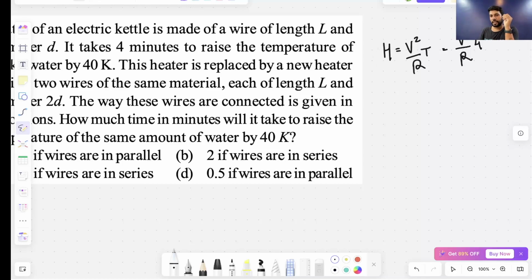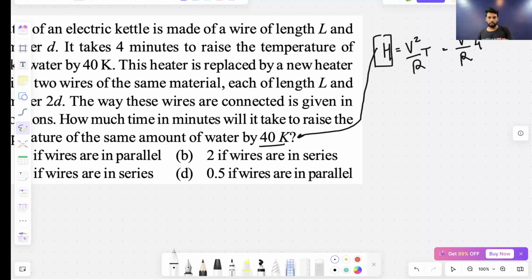Now, the same amount of heat is required to raise the temperature by 40 Kelvin. Same amount of heat is required, then only the same mass will rise by 40 Kelvin. So my idea is, I need to find the combination and the time where the same amount of heat is being produced.